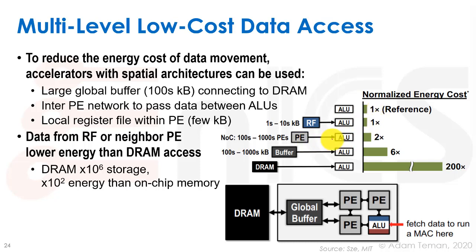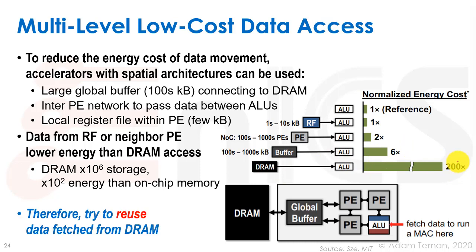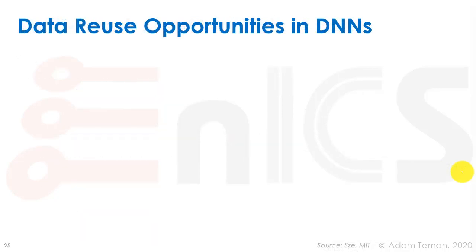Coming from an adjacent PE, it's going to be a bit more energy, and coming from the buffer, quite a bit more, but coming from DRAM is going to be several orders of magnitude more energy. So we're going to try to reuse the data that's fetched from the DRAM so we don't have to keep on going back and getting more and more of this expensive stuff.